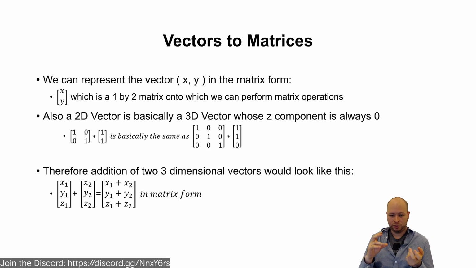So if we took a 2D vector and wanted to apply an identity matrix to it, we would have a 2 by 2 matrix. If we wanted to do that with a 3D vector, we'd have a 3 by 3 matrix, right? So adding vectors in matrix form works exactly the same. In fact, everything is pretty much the same as before.